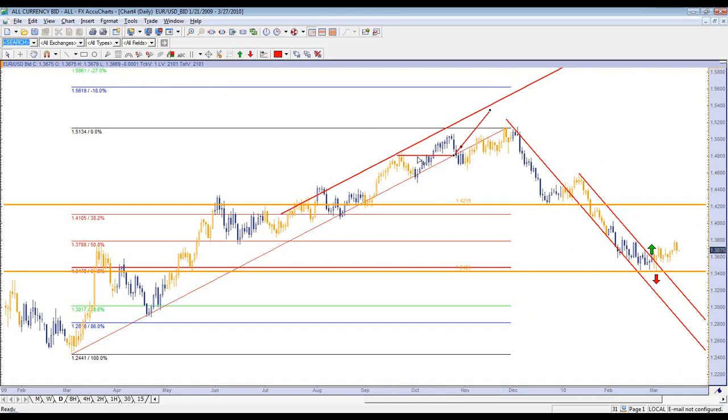So if we're in an up channel, the best thing to do is to be buying bounces off the bottom side. We can also sell the top side, but sometimes you might get in some kind of consolidation if you sell the top side to the bottom.